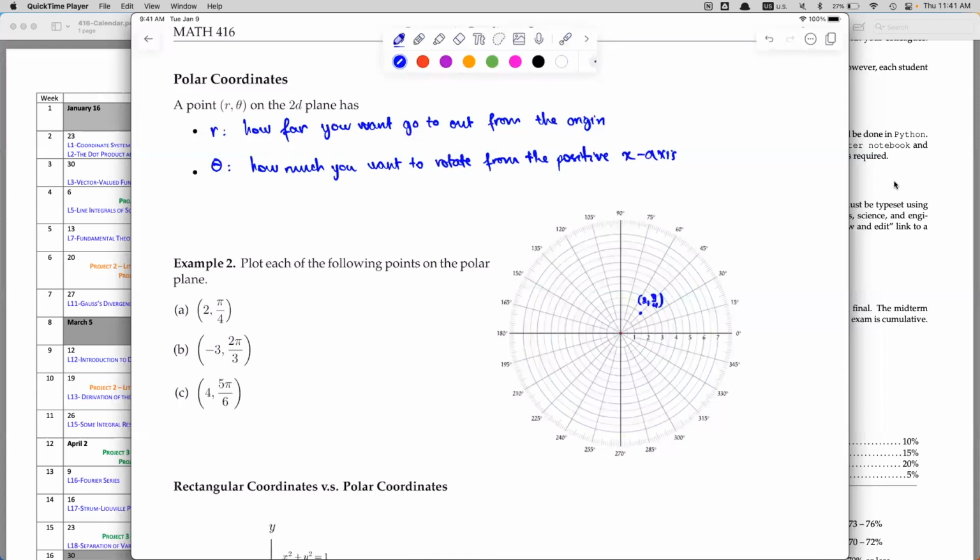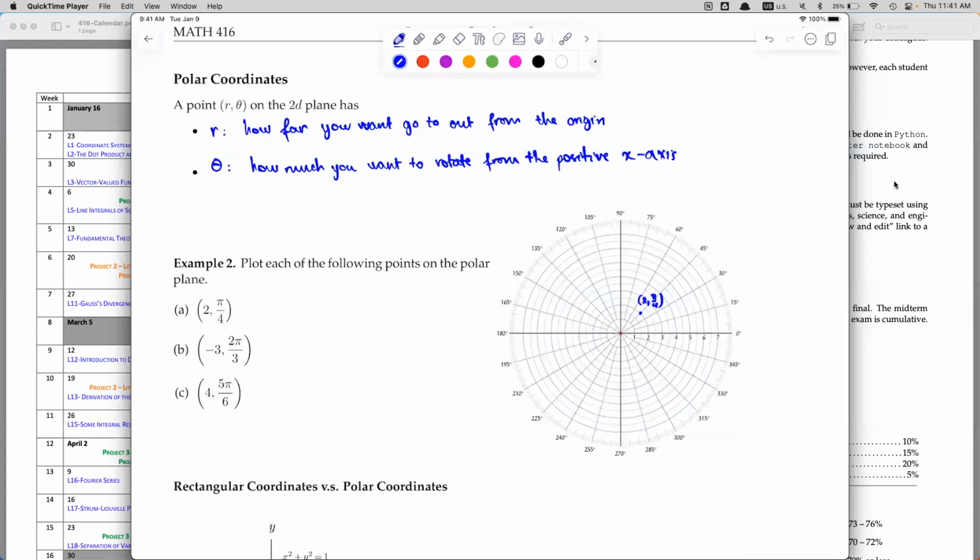Now b is equal to (-3, 2pi/3). So r is not really -3. It's +3, but you go in the other direction, to the opposite. In terms of degrees, what is 2 pi over 3? One more time. 120. 120, yes.